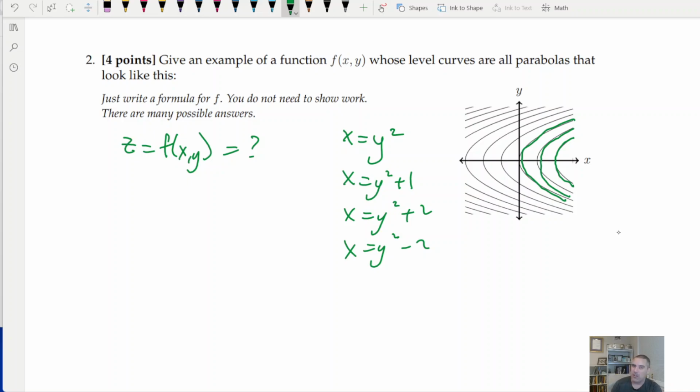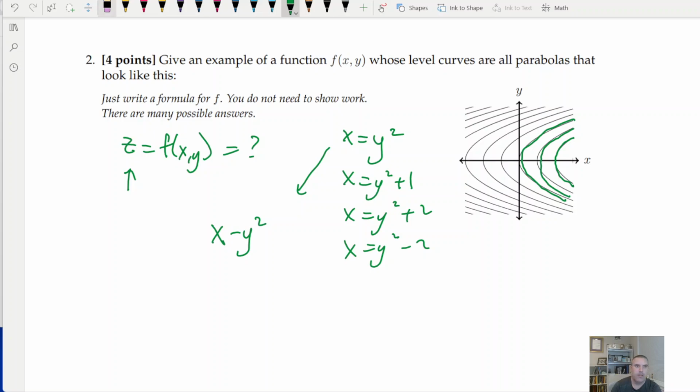Now, how could I put that in a form so it's z equals something, and when you replace z with a 1 or a 2 or a 3, you get this? So that was the main observation you had to make, was to rearrange this. And so you can write it either way, but how about x minus y squared?